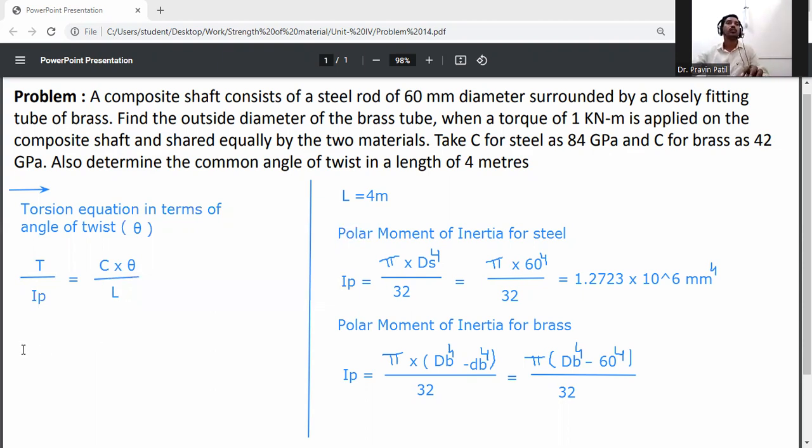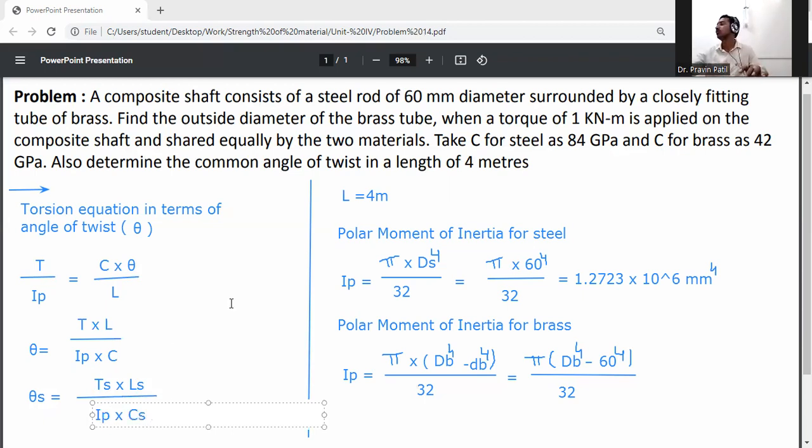So theta is equal to T into L divided by IP into C. First of all, theta S, angle of twist for steel, is TS into LS divided by IP into CS.